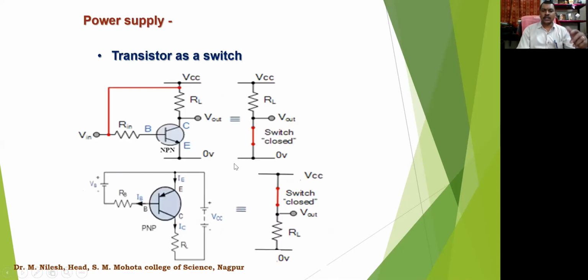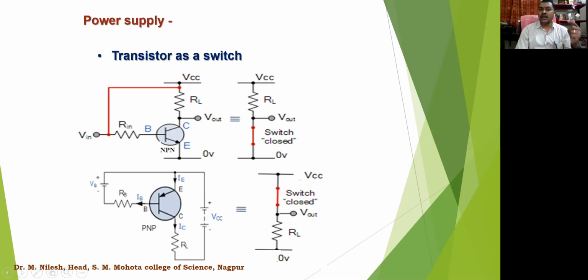Now coming to the next condition, in which we have connected the base of the transistor to plus VCC, which implies that the base emitter junction is forward biased. Even if you give a small voltage, say around 0.7 volts, this base emitter junction will be forward biased.